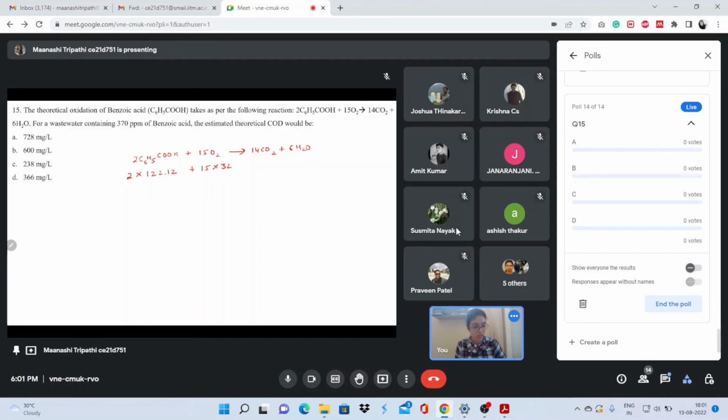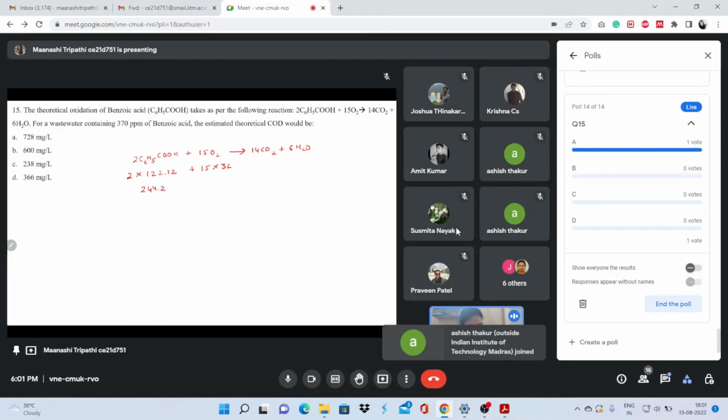Okay. So how much is the molar mass of benzoic acid? 244.24. And how much oxygen is there? 15 into 32, 480. So for 244.24 milligrams of benzoic acid, 480 milligrams of oxygen is required.